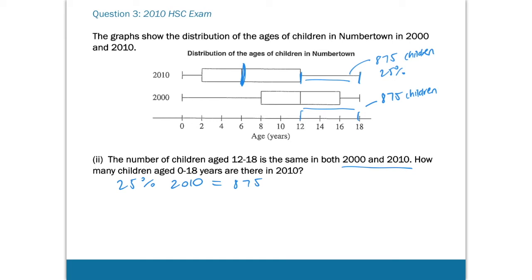Then we want to find 100%, so we want to know 0 to 18 years. So 100% would just be times that by 4, because 25 times by 4 equals 100. So 875 times by 4 is 3,500 children.